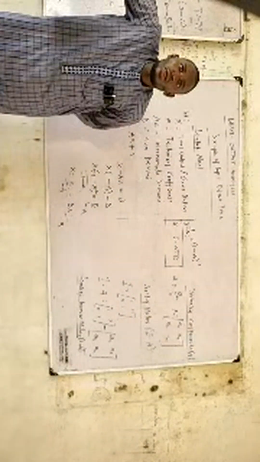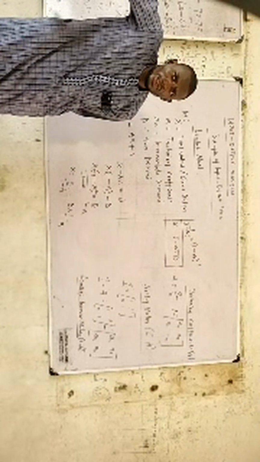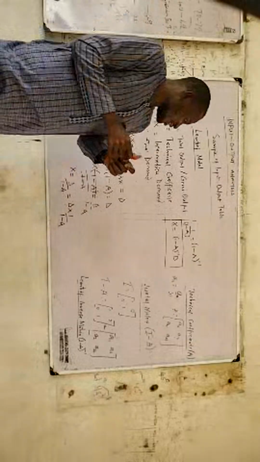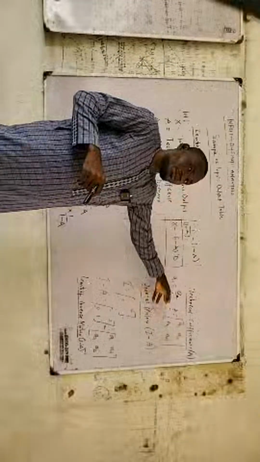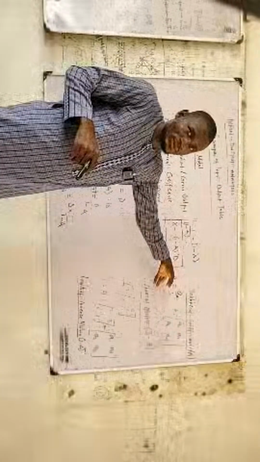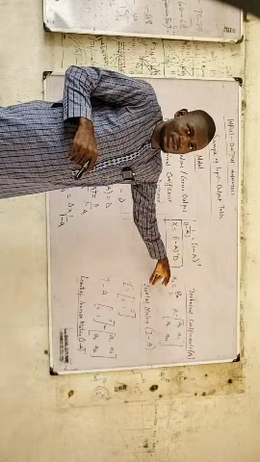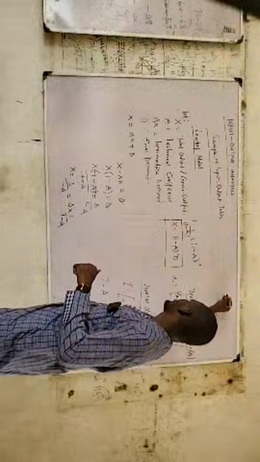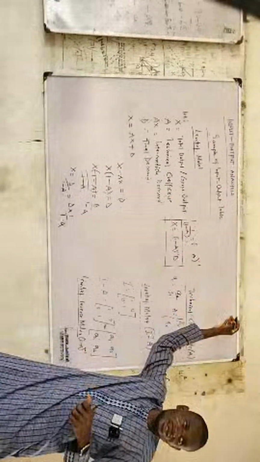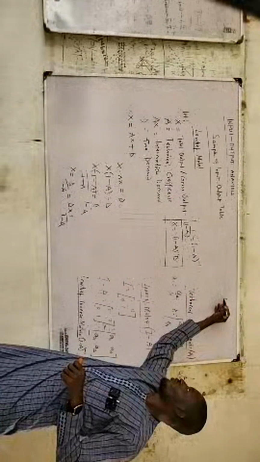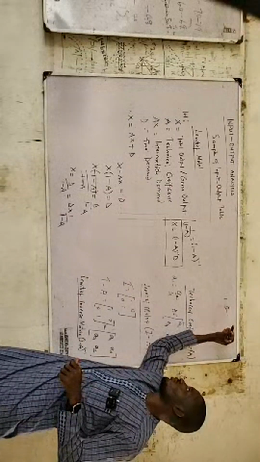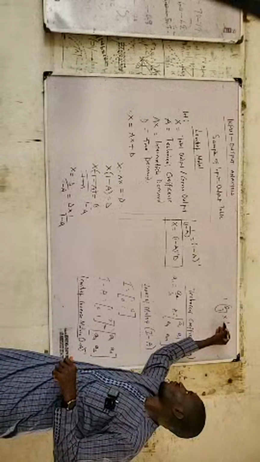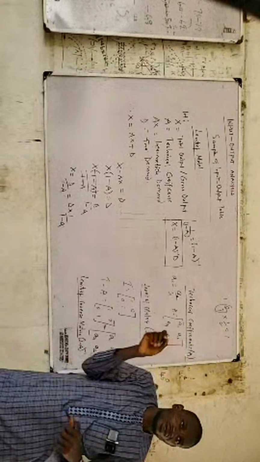This 1 minus A, is it the same thing as the identity matrix? Yes. So we use the identity here. When we find the determinant of the identity matrix, we get 1. Any number multiplied by its inverse is 1. For example, 2 over 1 is the inverse of 1 over 2, and multiplying them gives us 1.